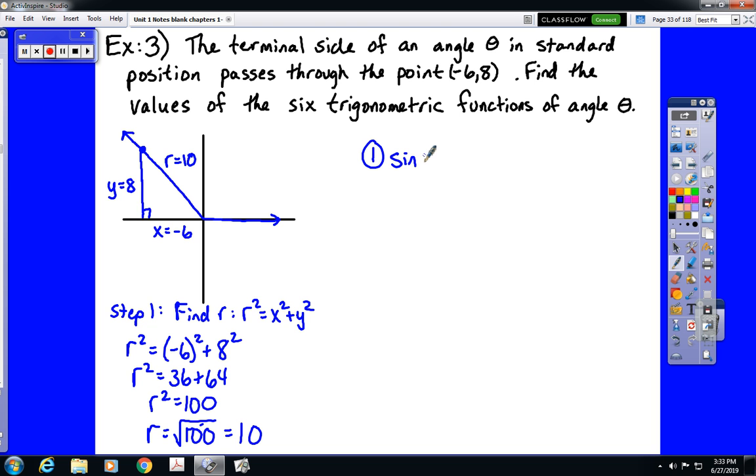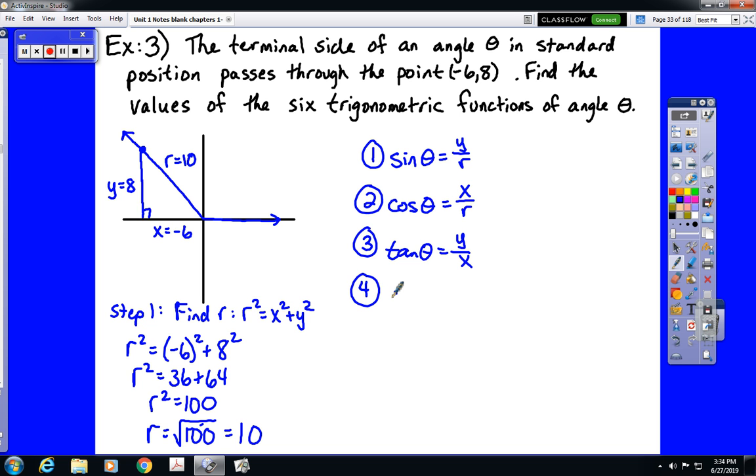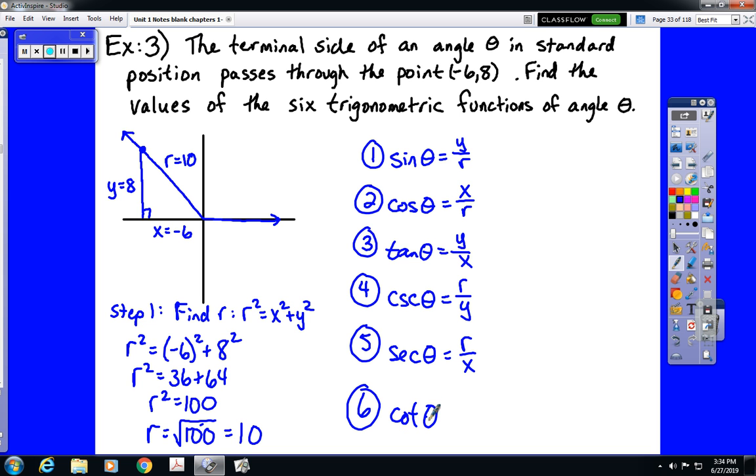So sine, which is y over r. Cosine, x over r. Tangent, which is y over x. Cosecant, which is r over y. Secant, which is r over x. And cotangent, which is x over y.